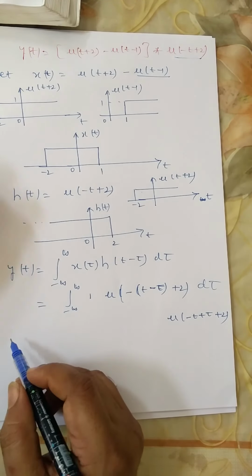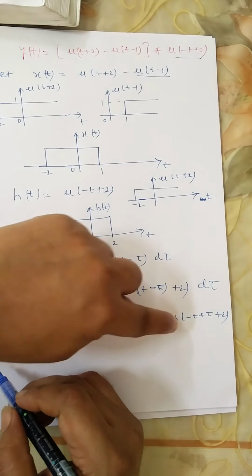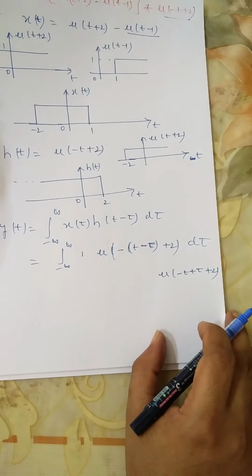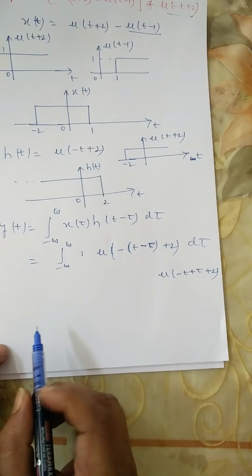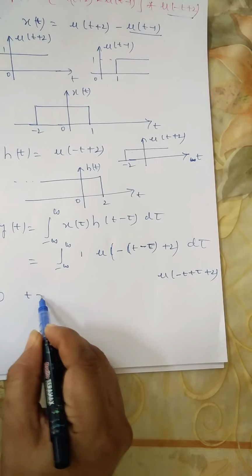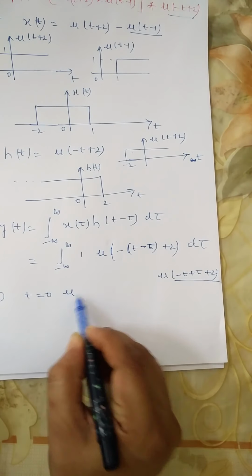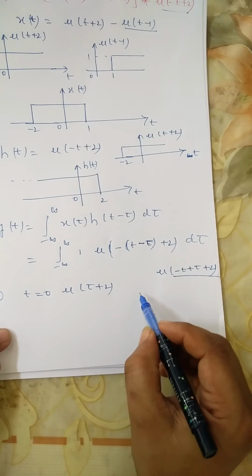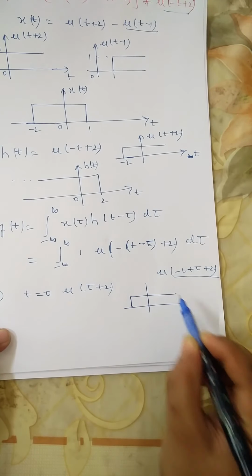Now to get the integration limits here, we should take the second signal for different values of small t. That second signal should come in the range of minus 2 to plus 1 to have a non-zero value. I'll take case number 1 here. When t is equal to 0, what happens to the second signal? It becomes u of tau plus 2. U of tau plus 2 means what? This signal comes from minus 2 to plus infinity.